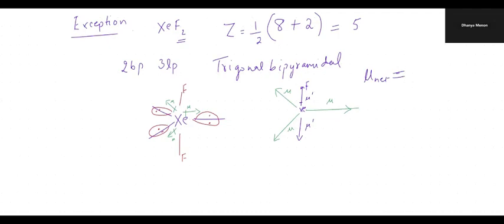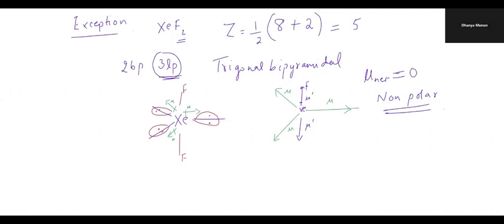So this molecule is non-polar. So this is an exception to the case: even though there are lone pairs of electrons, the net dipole is 0, so it is non-polar. Even though there is a lone pair, the molecule is non-polar. Okay.